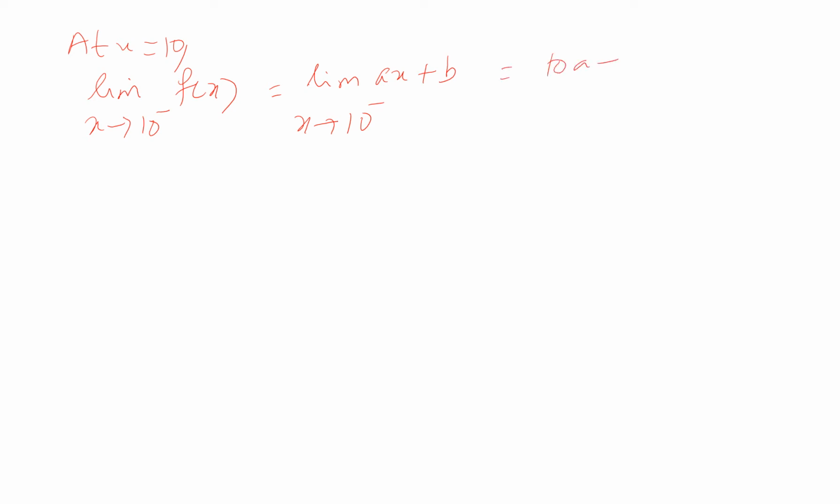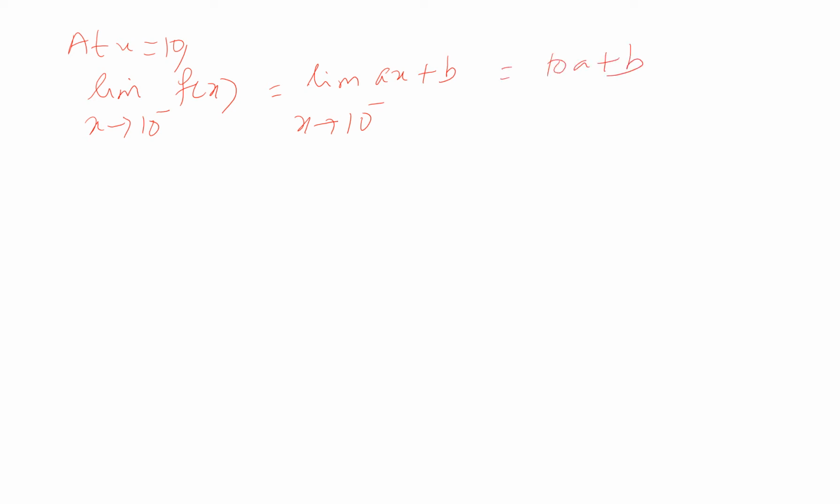Now at x equal to 10. At x equal to 10, we know that limit x tends to 10 minus f of x. That means when x is less than 10, f of x will be equal to ax plus b. So if x is 10, then it will be 10a plus b.